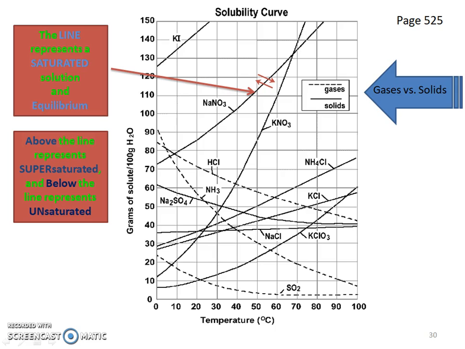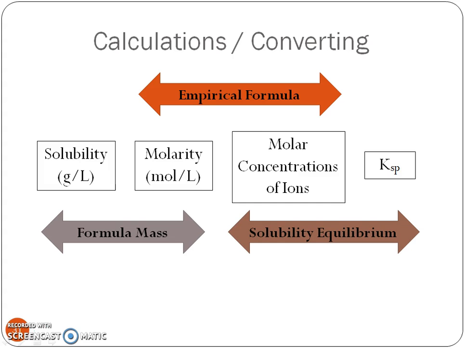Okay, so this is our graph that I told you about. If we look at this line for sodium nitrate, on the line is equilibrium, right? That's the saturated. Anything below is unsaturated, anything above is supersaturated. And remember, there was a difference between gases and solids. So in our calculations or our converting, well, again, we talked about molarity.